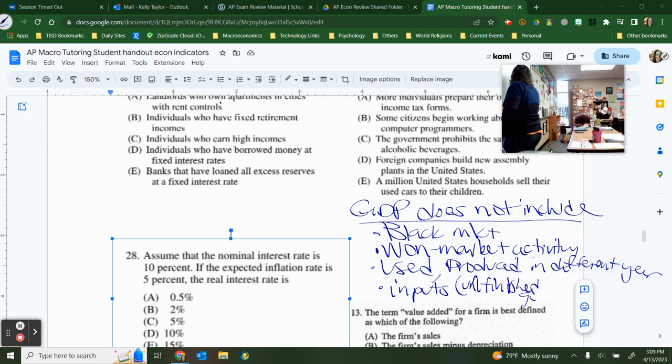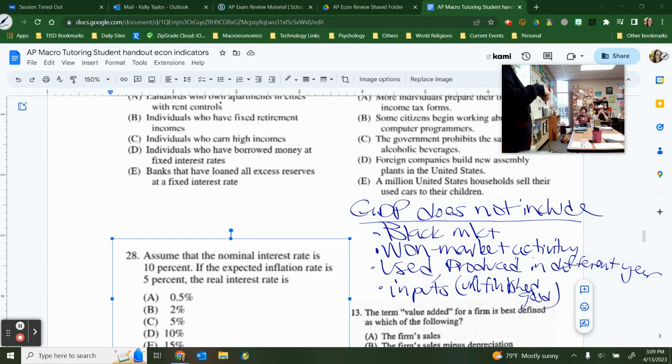We only count it when it reaches the final stop for that thing. So the final stop for a pizza is when I buy it. Not when Papa John's buys all the resources, but when I buy the pizza, that's when we count the pizza. But there are some inputs that are totally counted, like capital. The pizza oven is an input. That's capital. That's a resource used to make the pizza. But the final stop for that pizza oven is not me. The final stop for the pizza oven is when Papa John's buys it. So whenever it gets to the final stop, the finished good, that's when that purchase counts. So if I buy lumber at Lowe's, that lumber counts.